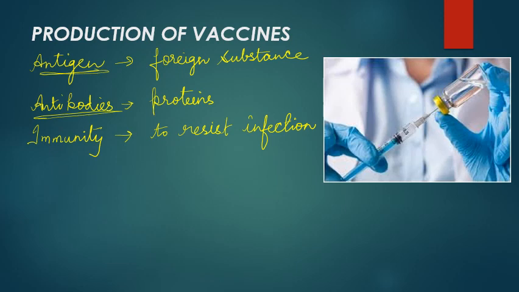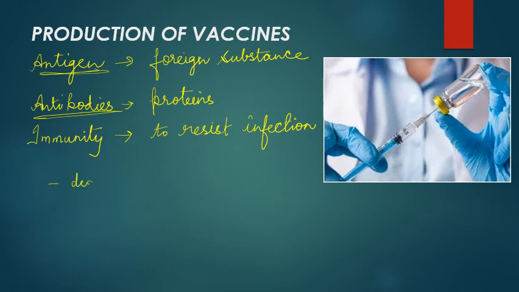Now what is a vaccine? A vaccine is a suspension of weakened or dead disease-causing microbes that is administered to prevent a disease. Now, these vaccines can be a dose of dead microbes.